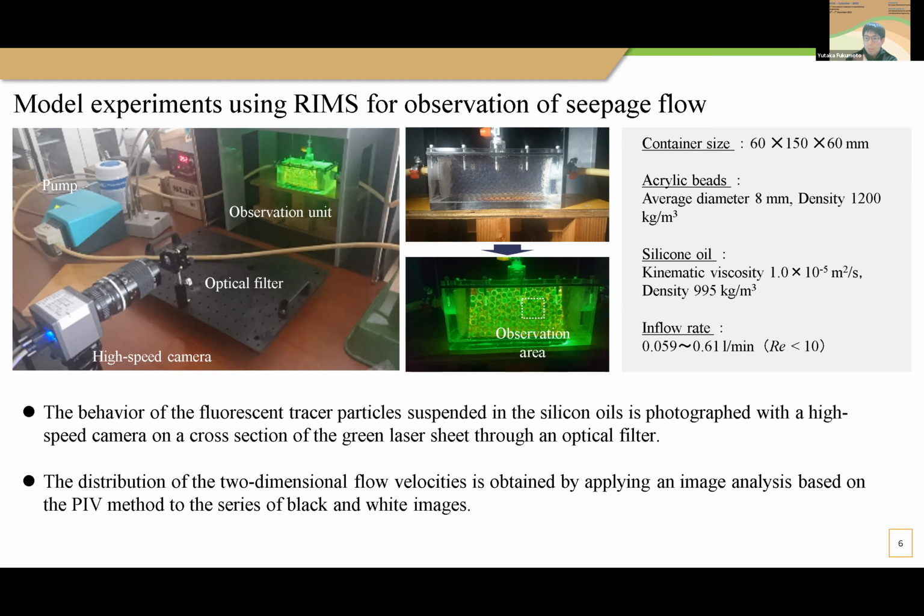To obtain the information of seepage flow, the behavior of fluorescent tracer particles suspended in the silicone oil is photographed with a high-speed camera on a cross-section of the green laser sheet through an optical filter. After that, the distribution of the 2D flow velocities is obtained by applying an image analysis based on the PIV method to the series of black and white images.